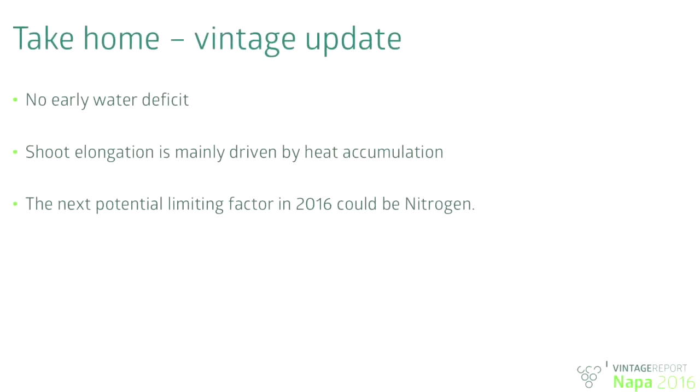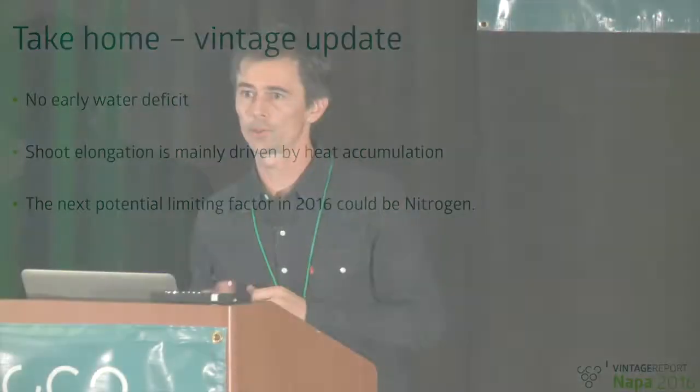But to keep everyone on track, right now, the second take-home message of 2016 is that there was zero early water deficit. Shoot elongation was mainly driven by heat accumulation, since water wasn't the issue, unless nitrogen was a limiting factor. So when is it most pertinent to look at nitrogen?